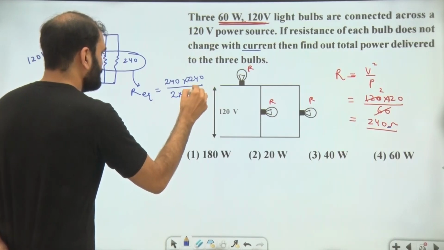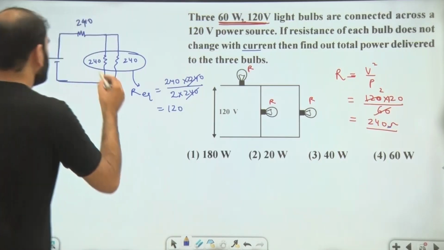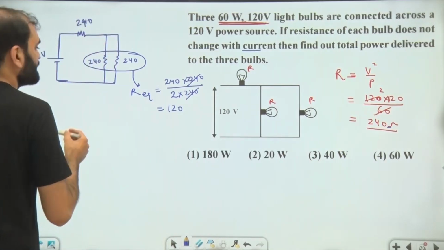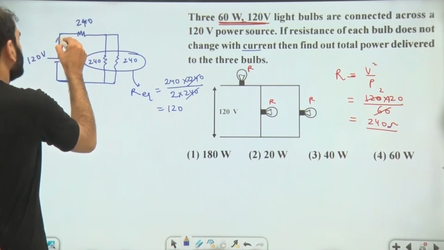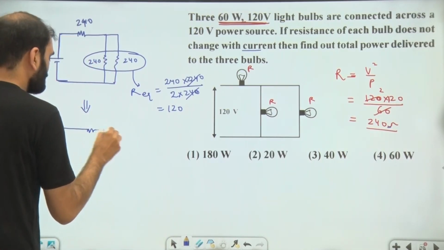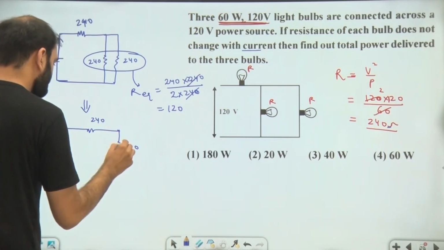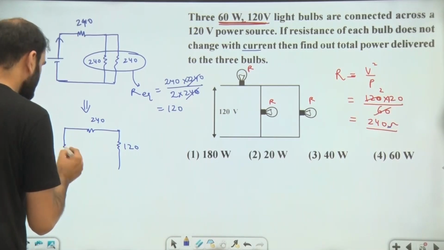It will cancel out and be equal to 120. So the circuit will be like that: 240 and 120, and here is the battery.